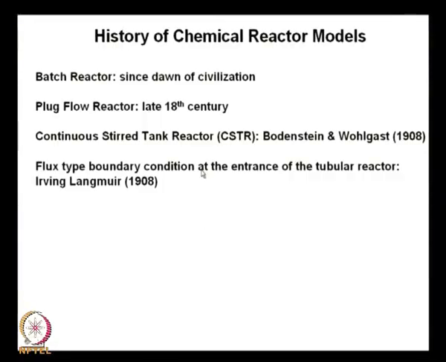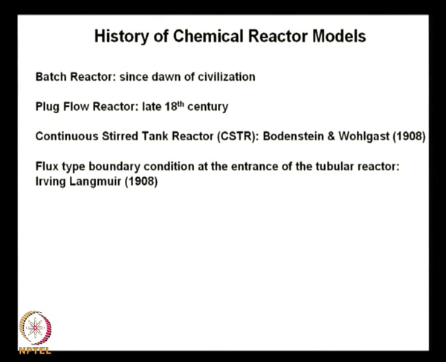Now, 1908, it turns out, is a very eventful year for the history of chemical reaction engineering, because you had the tubular reactor model, the plug flow reactor model rather, and in 1908 again it was Irving Langmuir who found the flux type boundary condition, what was known as the Danckwerts boundary condition, but it is no longer called that because there are difficult issues there.